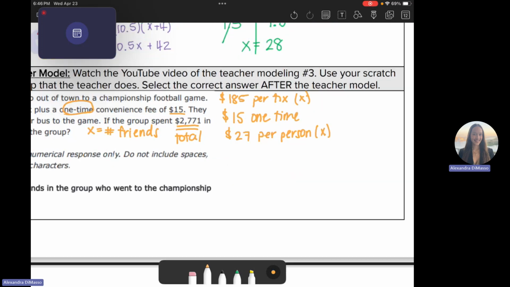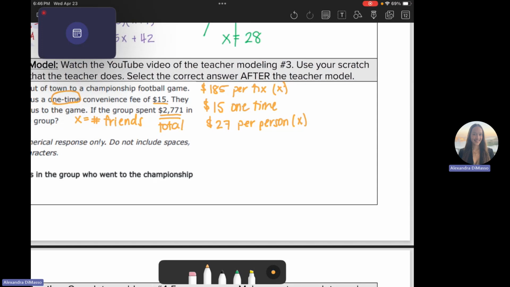So I've got $185 per ticket or per person. So 185 times each person, which is my variable X, plus I also have $27 per person, because they're riding the bus.